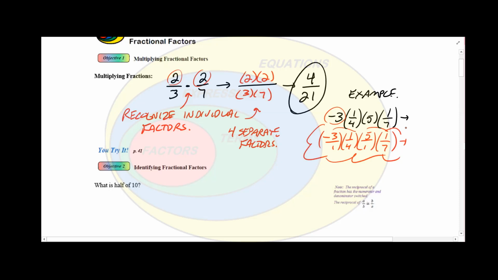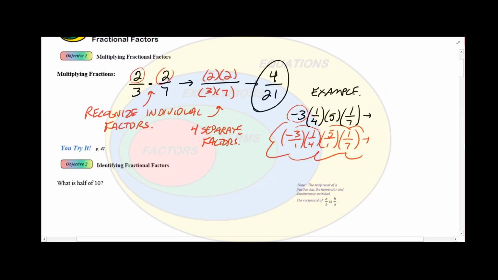But when I multiply, I'm not multiplying any different. This is still going to give me, in my fraction, a -3, a 1, a 5, a 1 in the numerator.